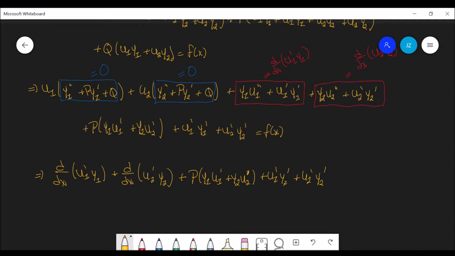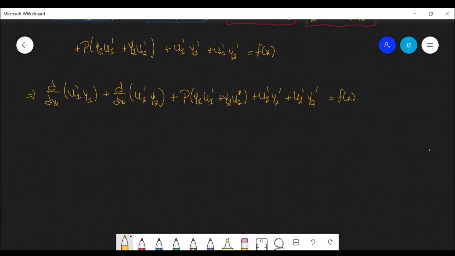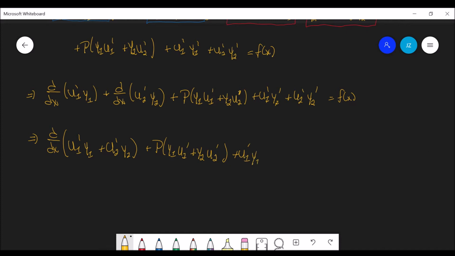And then using the sum rule of derivatives, we can write this as a single derivative, u1' y1 plus u2' y2. And of course, that whole thing will have to equal f of x.